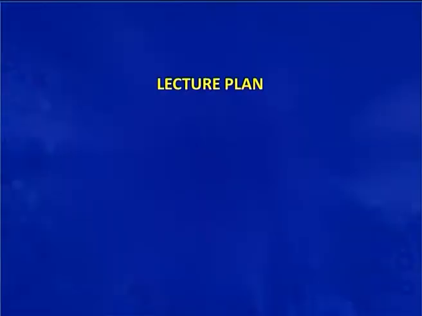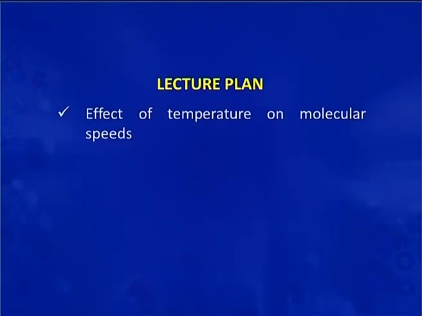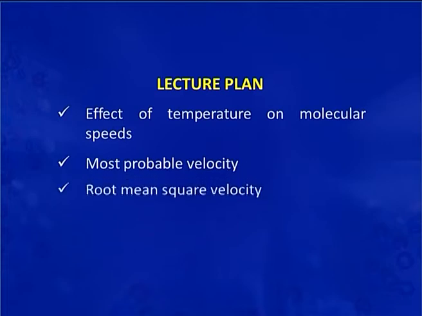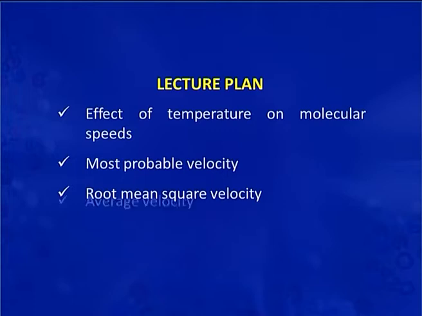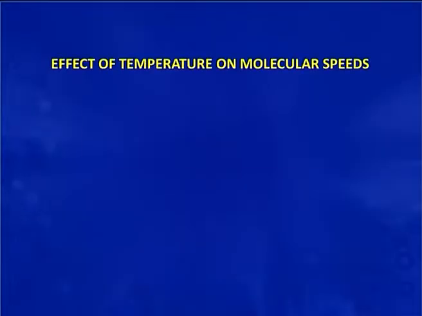Now, in this lecture, we will discuss the effect of temperature on molecular speeds. Then we will derive most probable velocity, then root mean square velocity, and after that we will derive average velocity. Let us start with the effect of temperature on molecular speeds.